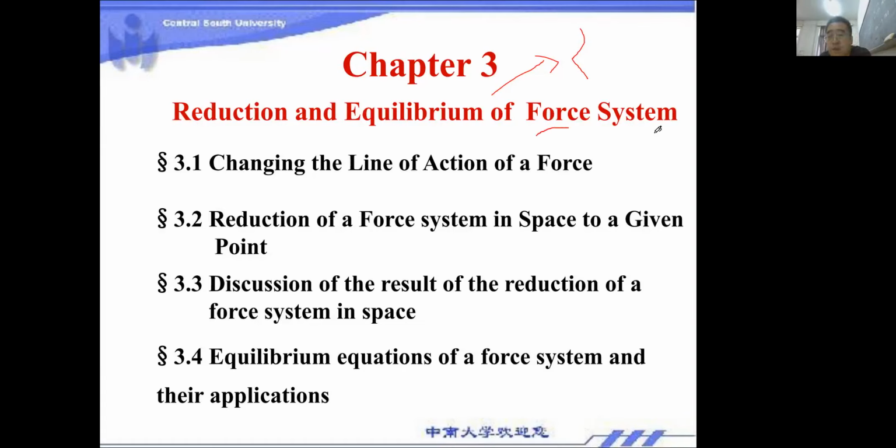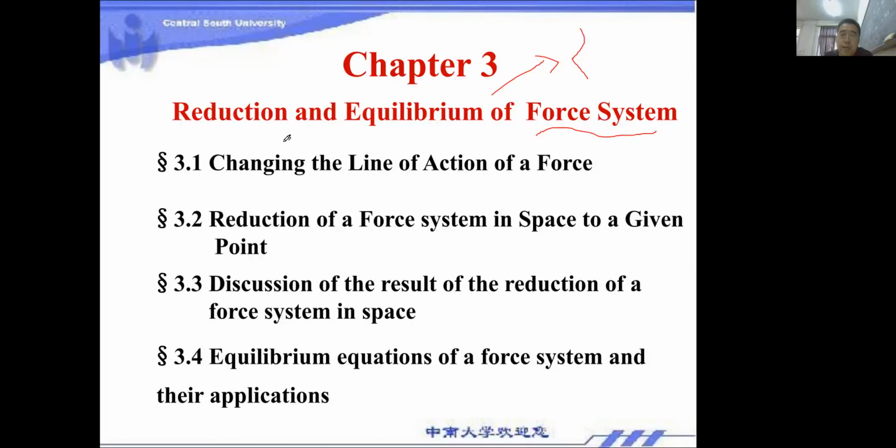This force system will not be that special. It's not special in that all the forces are concurrent or intersect at a common point. Or it's not that special force system that only has couples.